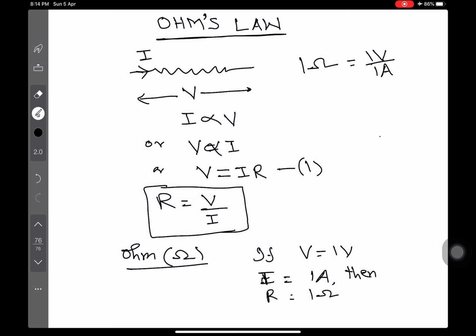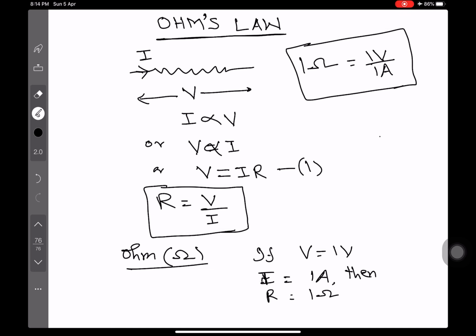So therefore, the resistance of a conductor is said to be 1 ohm if a current of 1 ampere flows through it when a potential difference of 1 volt is applied across its ends.